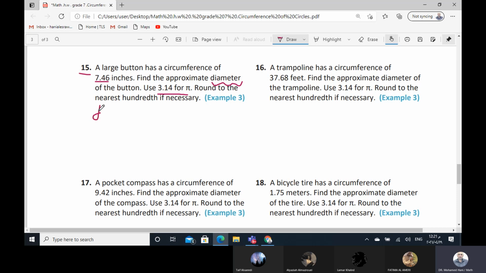So D equals C over pi. The circumference is 7.46, and the pi will be 3.14.